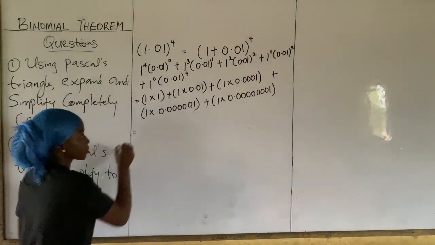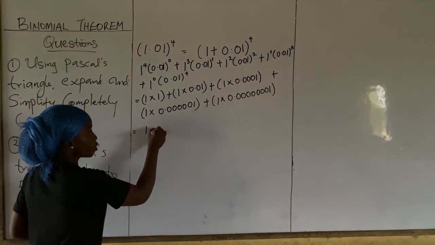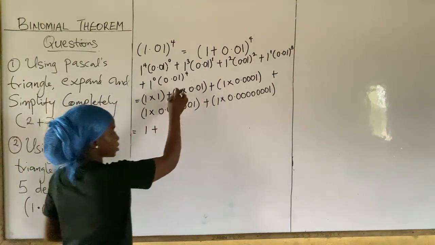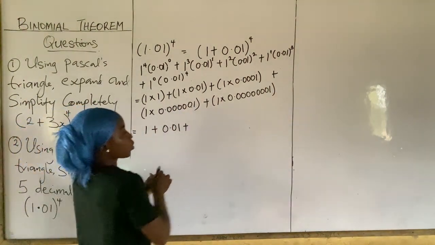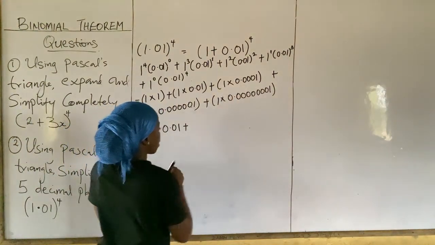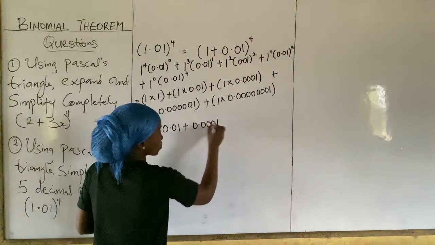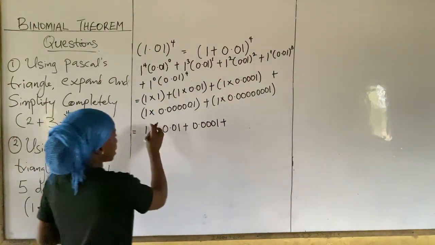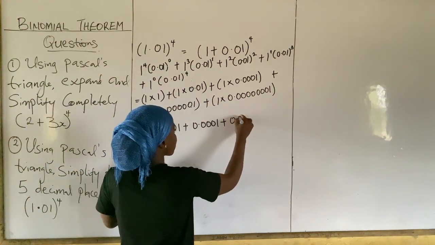So now let's just simplify it better. So now 1 times 1, that's 1. Plus now 0.01 times 1, that's 0.01. Plus now 1 times 0.0001, I'll be having 0.0001. Now plus now 1 times 0.000001, I'll be having 0.000001.